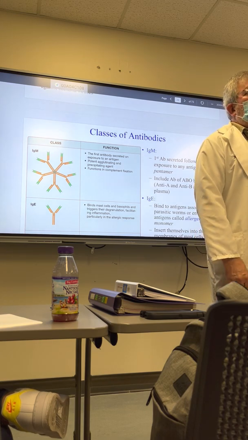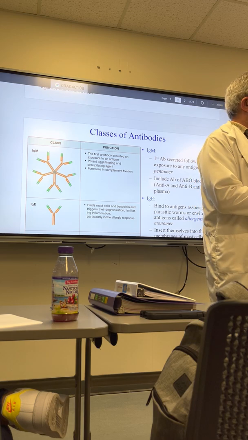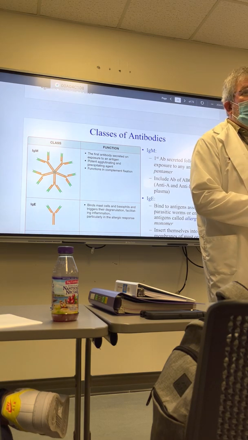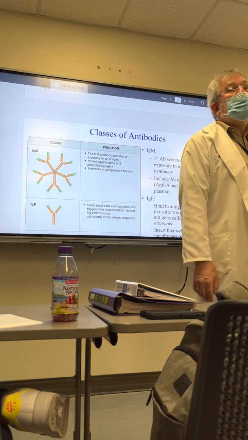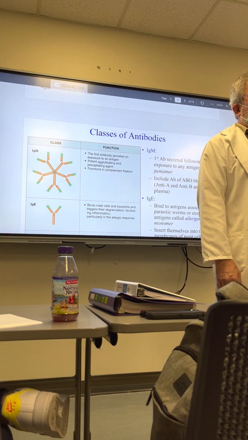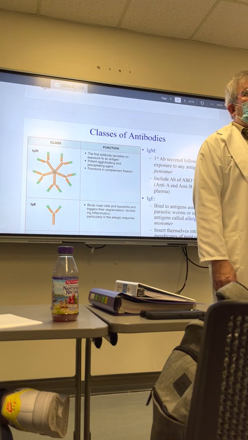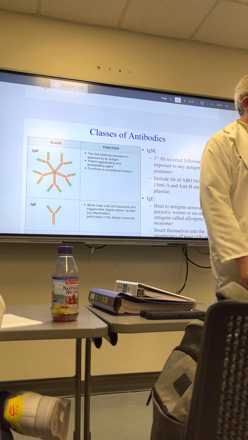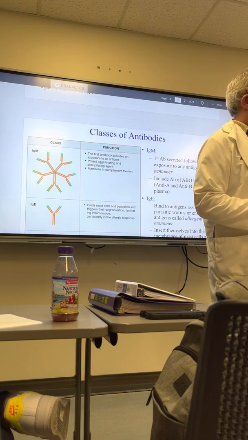After a day or two, it will start to turn over and produce more IgG, until a couple of days later, IgG is far and away the most prevalent in a primary response. It's just not the first.